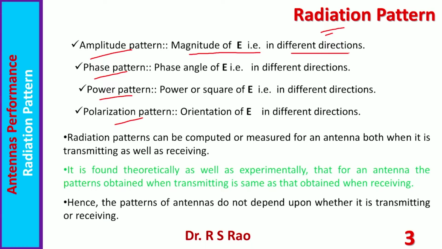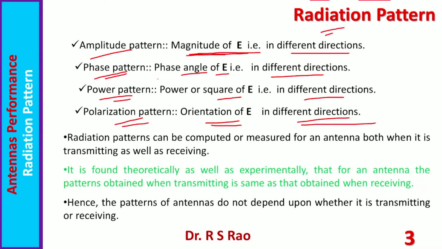It may be analytical, may be graphical, but basically it gives information pertaining to magnitude of E in different directions. Phase pattern gives phase of E in different directions. Power pattern gives power or square of E in different directions. Polarization pattern gives orientation of E in different directions.